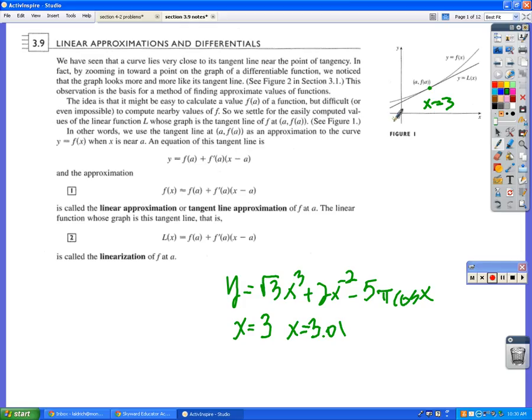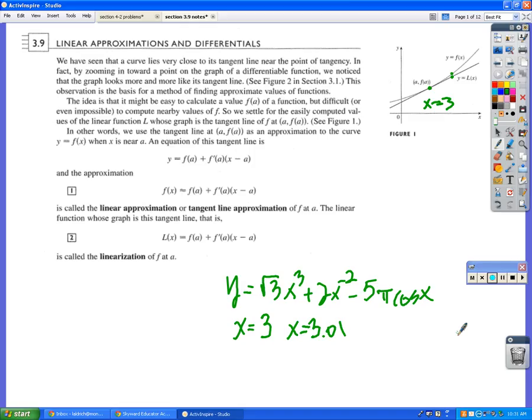The answer we get will not quite be what we expected, there'll be a very small difference, but it will be close. And since the equation for the tangent line is easier than this thing right here, in theory, that will save us some time.